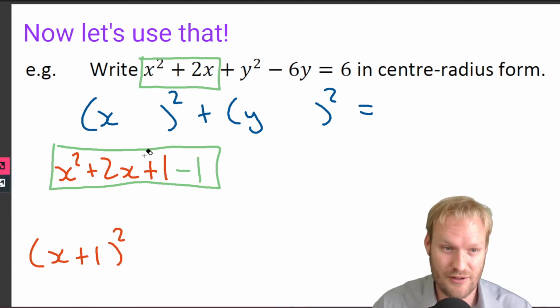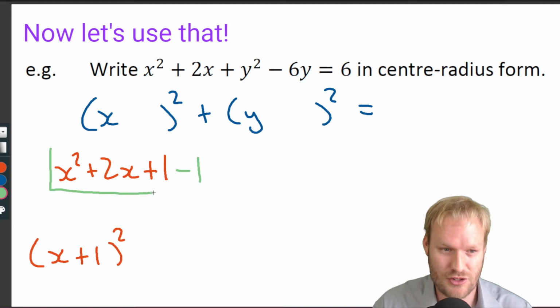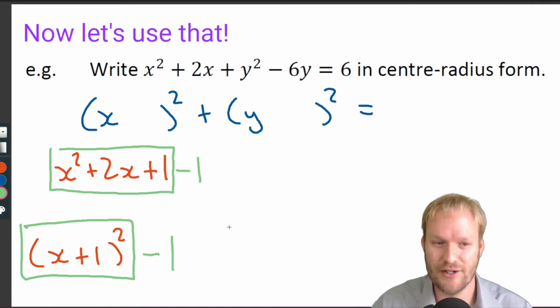And now this bit here that I've written, so let's look bit by bit. This x squared plus 2x plus 1 is the same as this. But there's this little minus 1, so we must remember to write the minus 1. Now all of these things are equal.